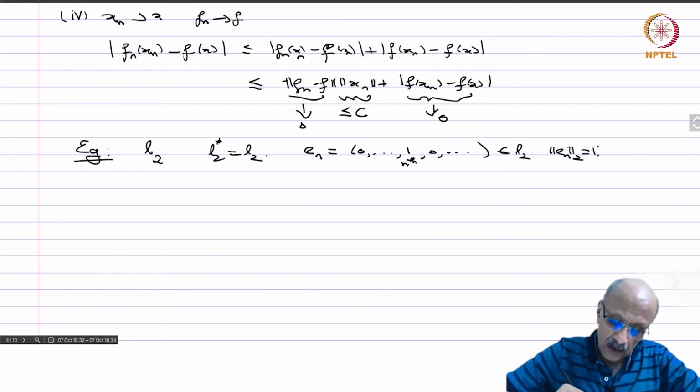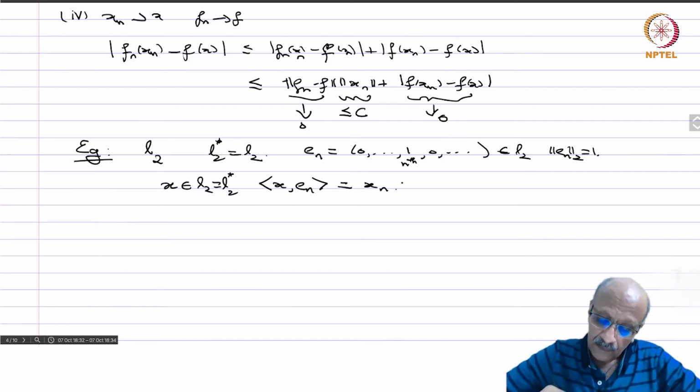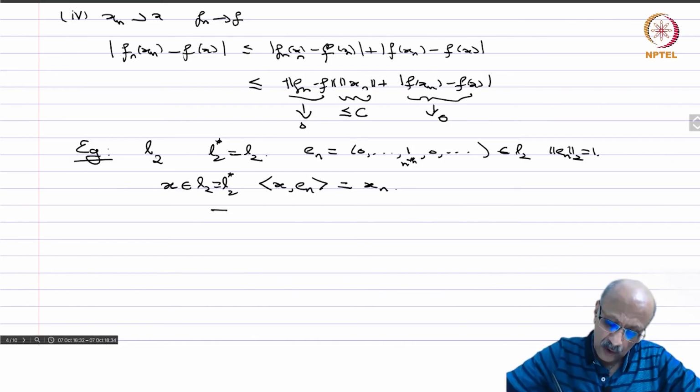Okay. So now if you take any x in L2, then you look at x(en), or rather take this as L2 star. Okay, so x(en) is equal to xn. But then what do you know about x? x is in L2, so sigma xn square is finite.